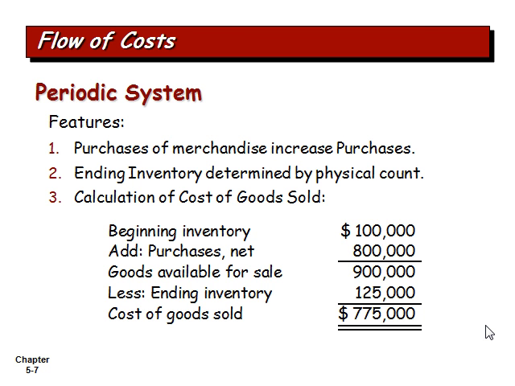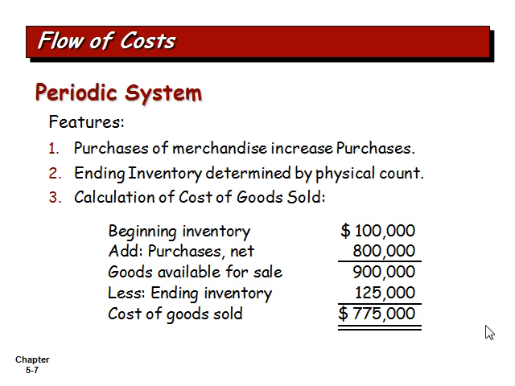A periodic inventory system: when we purchase merchandise, we put it in a special account called purchases. We don't debit inventory directly. We're going to debit purchases. Our ending inventory is determined by our physical count. We don't keep a running tally of the inventory, and we have to do a calculation to figure out cost of goods sold. Look at the beginning inventory, in this case 100,000, plus whatever we purchased, 800,000.